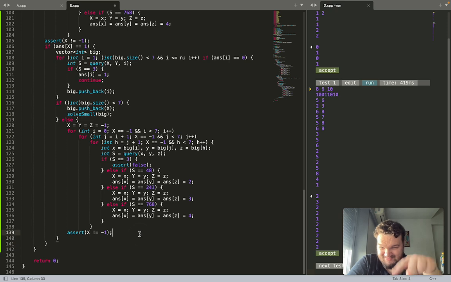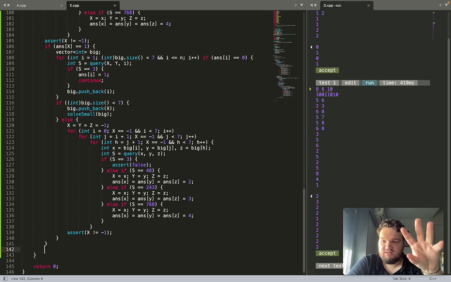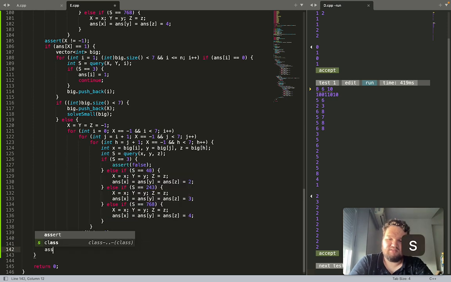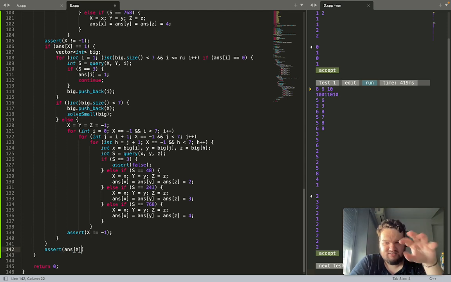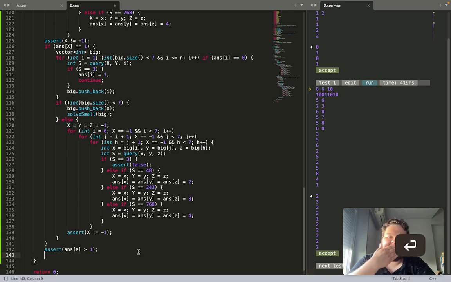Okay, so at this point I finally know the ends of x, and for x, y, and z they're equal and they're strictly greater than 1.